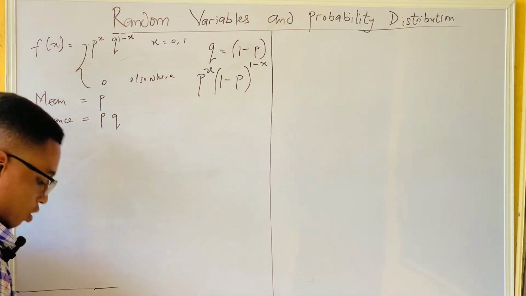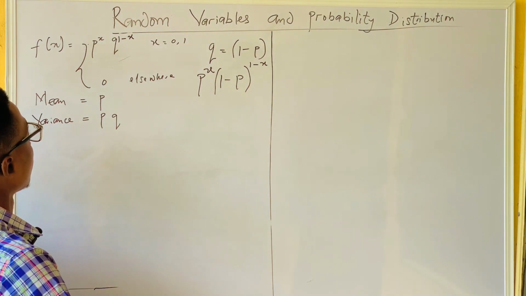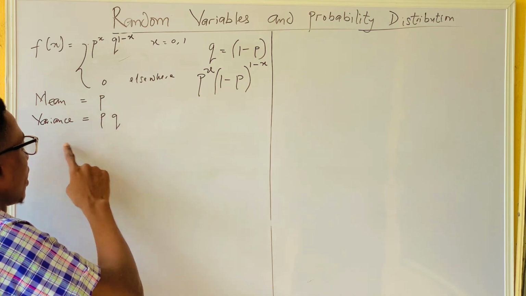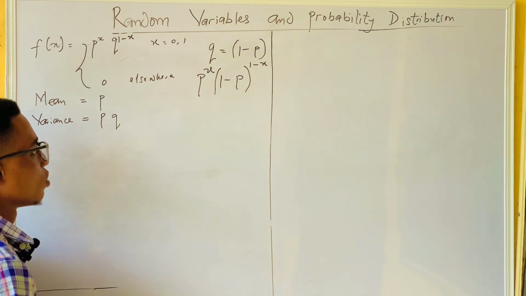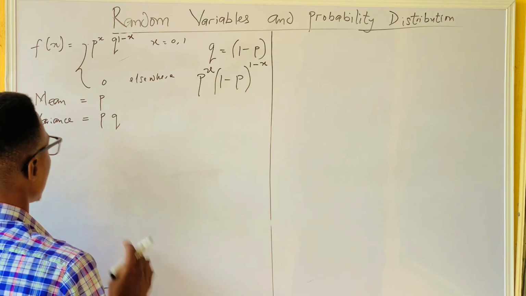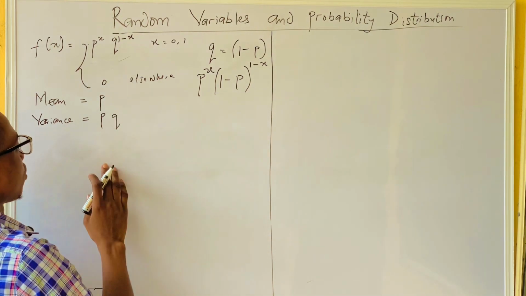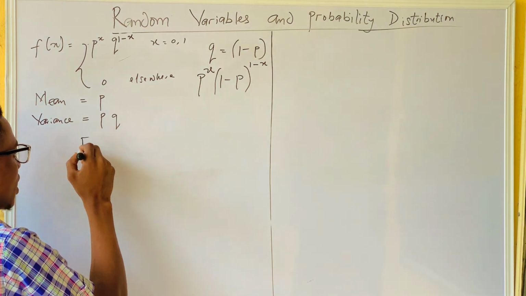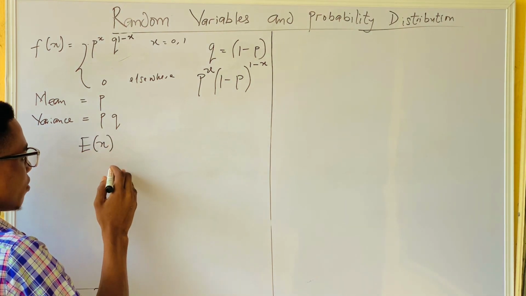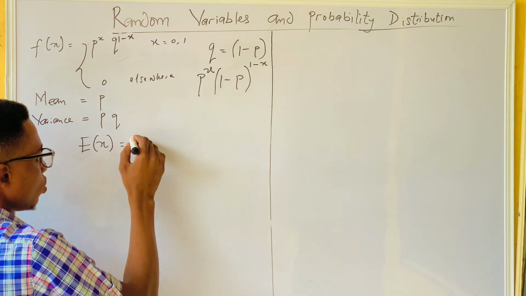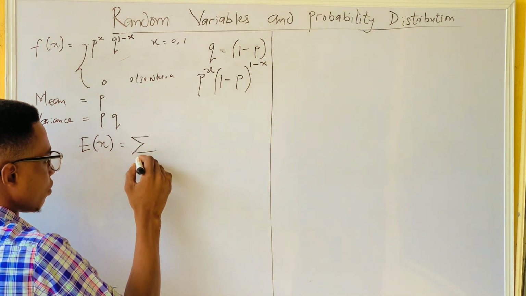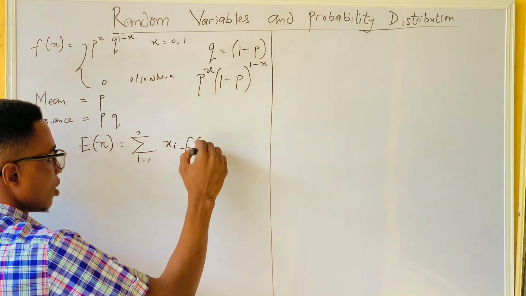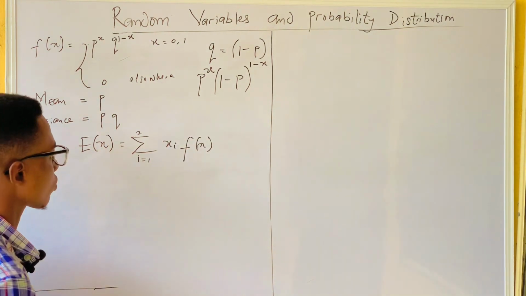In proving the mean and variance of a Bernoulli distribution, of course we have the mean p and variance pq. So what we need to do is to prove the mean of this distribution. Let's prove if this is actually p. We have expected value of x is equal to summation of i equals 1 to 2 of xi f of x.